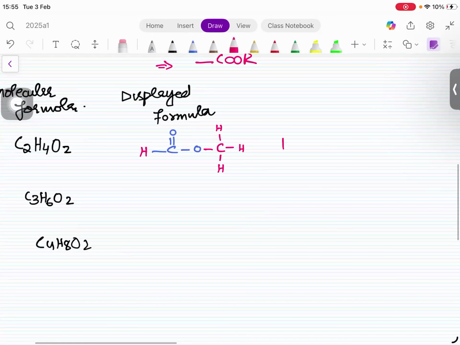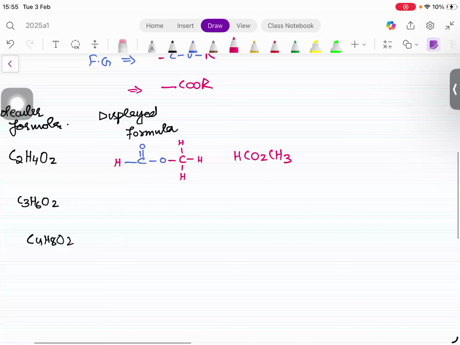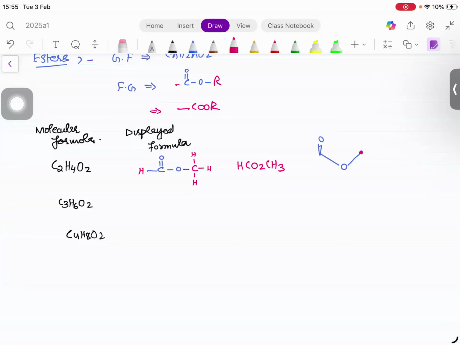If you write the structural formula, it becomes HCO2 and then CH3. If you write the skeletal, it's a bit tricky: you write a carbon with double bond O, there is the oxygen, and here is CH3.